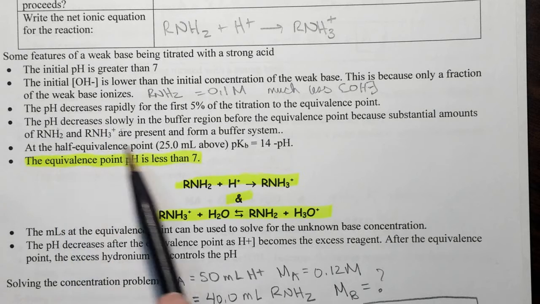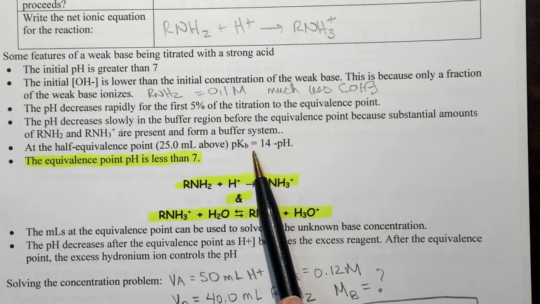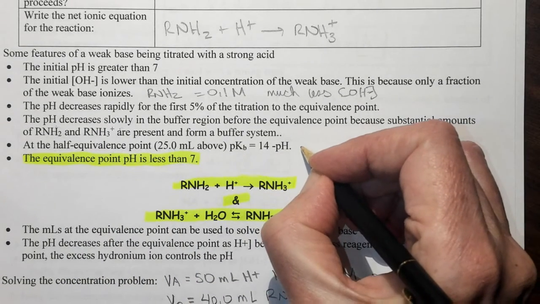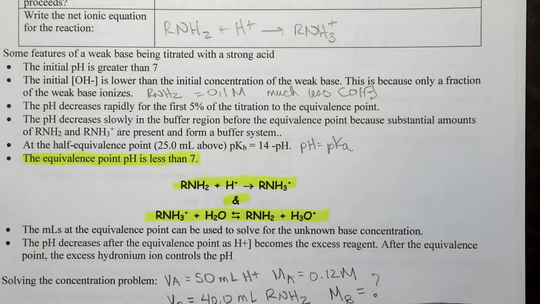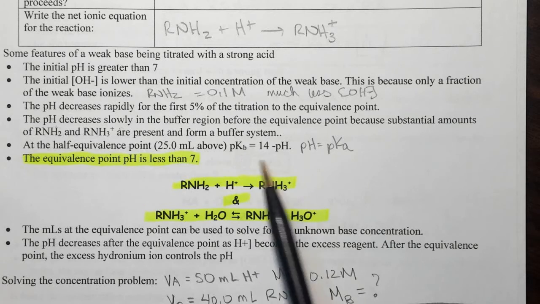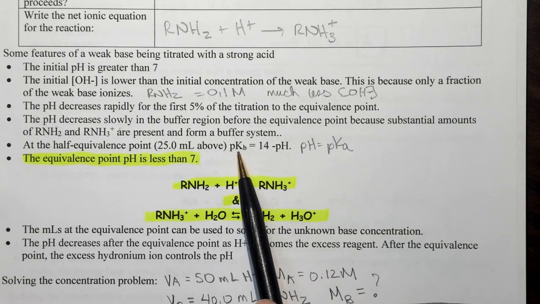At the half equivalency point, 25 mLs in this case, we can figure out the pKa. So at this point, pH is equal to pKa, but if we're asked for the pKb, we have to remember to convert to the pKb. So the pH will give us the pKa. Remember, if you're asked for the pKb, you need to go through the conversion.